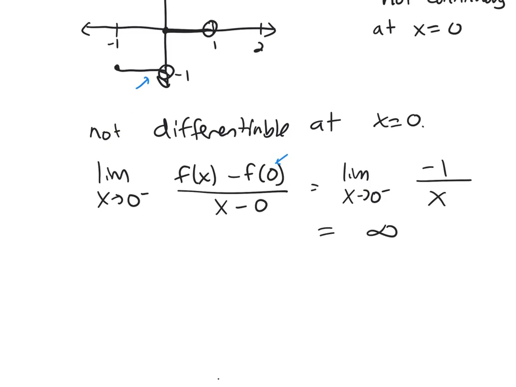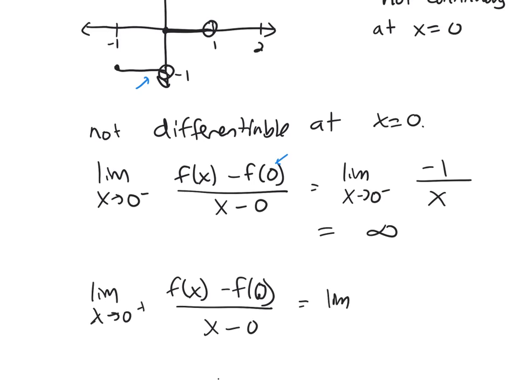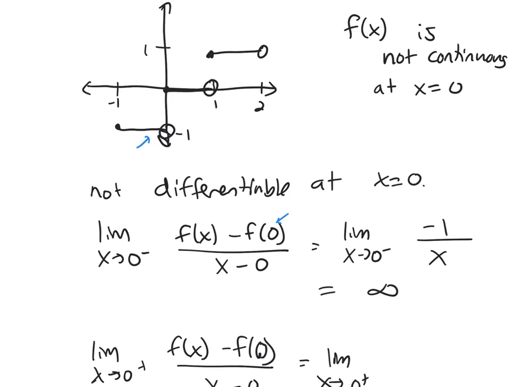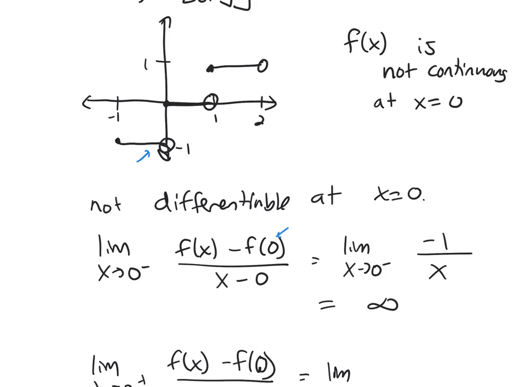And now let's look at the right-hand limit. Well, if I'm looking at the right of 0, over here, my y values are all 0.